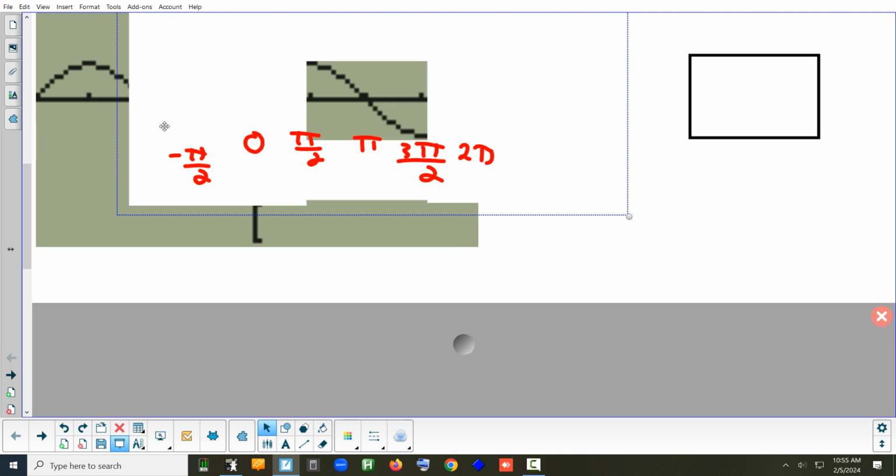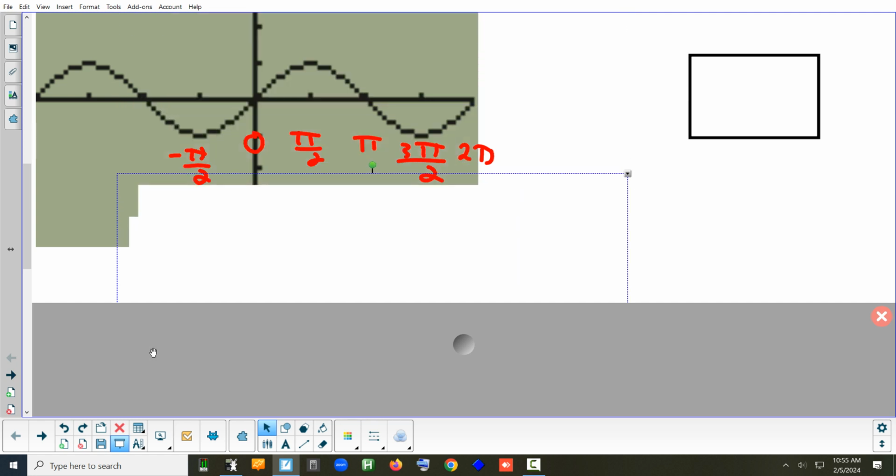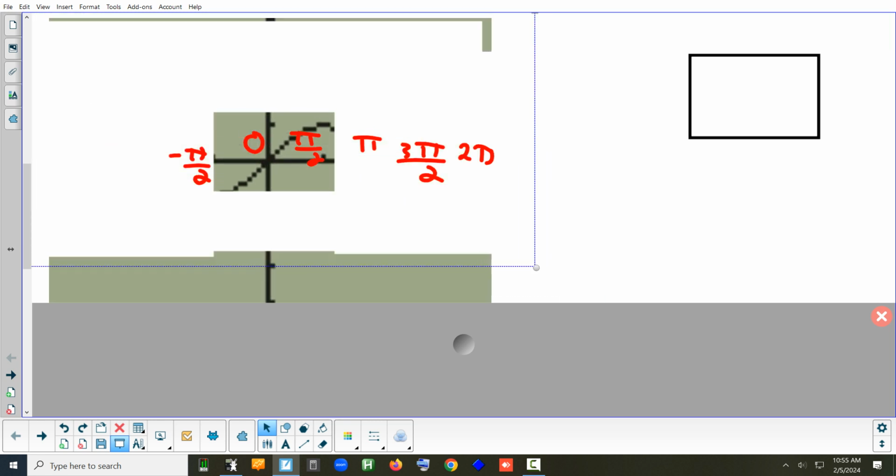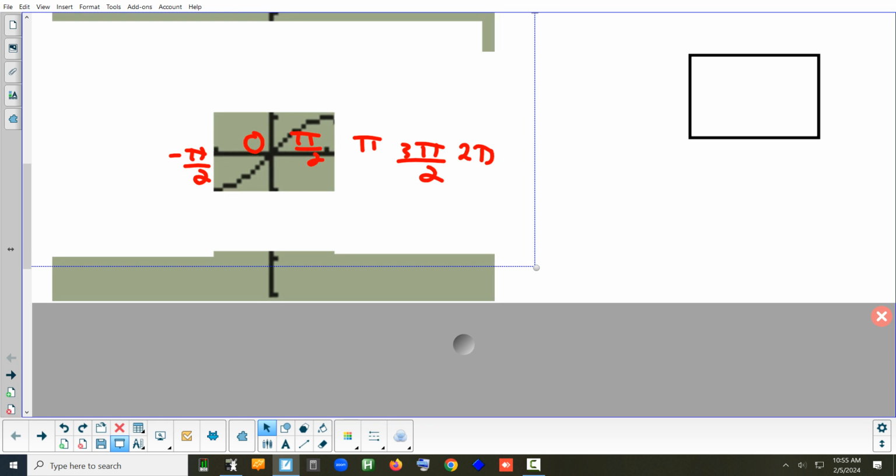There is more than one section that would pass. Does anyone see another section that passes the horizontal line test within the numbers I labeled? I'm going to use this section just because it's the way the calculator does it. Yep, from negative pi over 2 to pi over 2. That's pretty close.